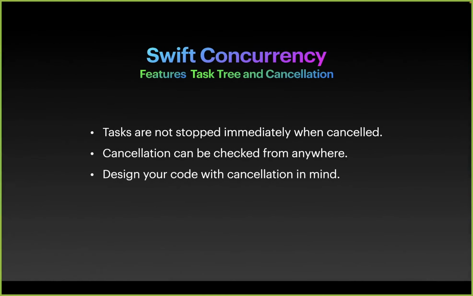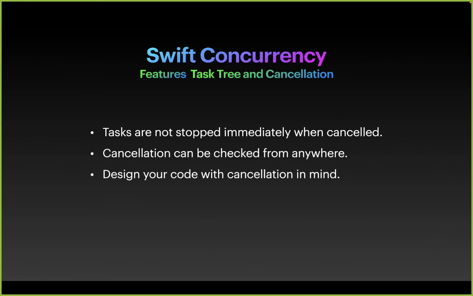Now, there are some comments. Actually, these three comments are provided from WWDC last year. First, tasks are not stopped immediately when canceled, because it's just a mark. Cancellation can be checked from anywhere, and we're going to show you how to check it.